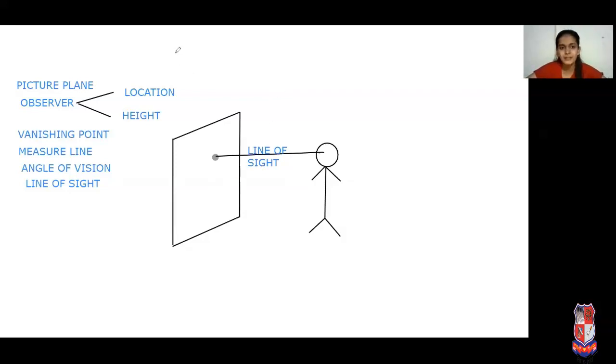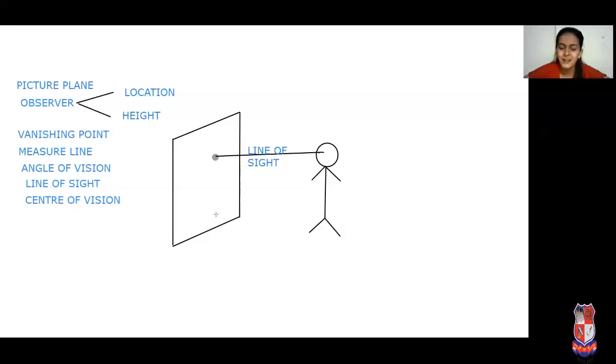This point is the center of vision, because we are focusing on that point. The intersection point of picture plane and line of sight is known as the center of vision.